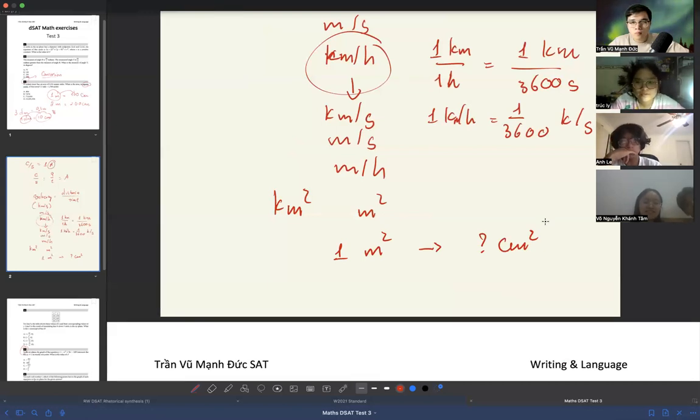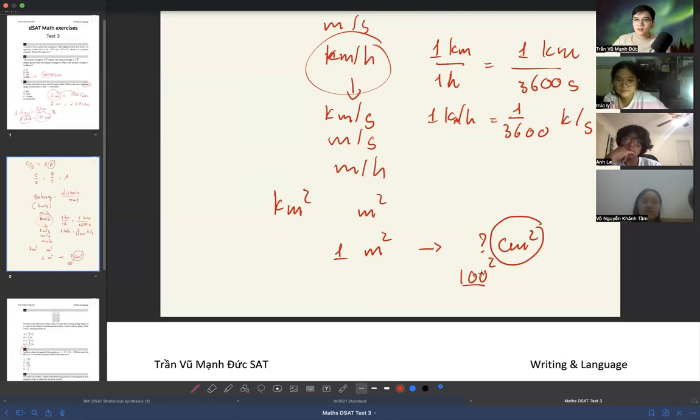Because 1 meter to 1 centimeter is supposed to be larger, right? 100 squared. 100 squared, like this? Yes. Exactly, because you have the unit. The unit is squared, so you multiply the number by itself.